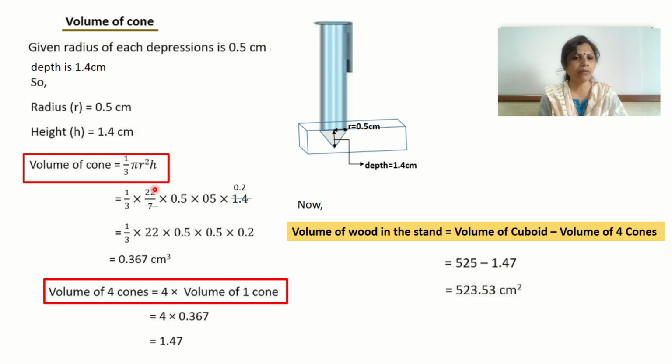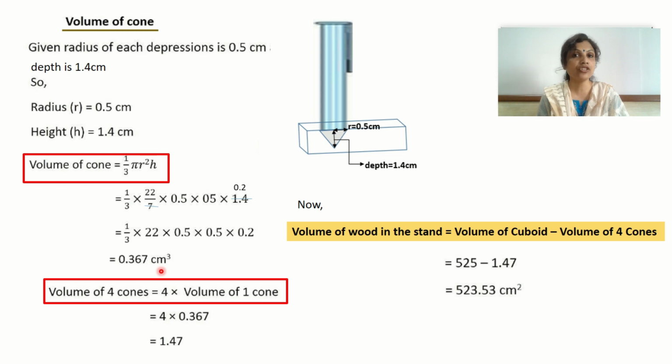Substitute the values: 1 by 3, pi is 22 by 7, into radius 0.5 into 0.5, into height 1.4. Again calculations are there, so you have to practice doing multiplication and addition very fast. After multiplication we get the value as 0.367 centimeter cube, that is volume of a cone.